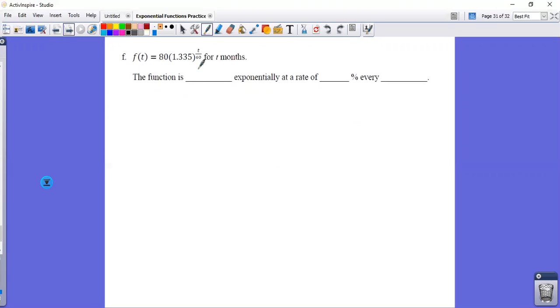So that's growth. It is growing at 33.5%. If you have 60 months, so it's not a standard unit of time, but 60 months is every 5 years, right? Because you take your months and multiply the 60.